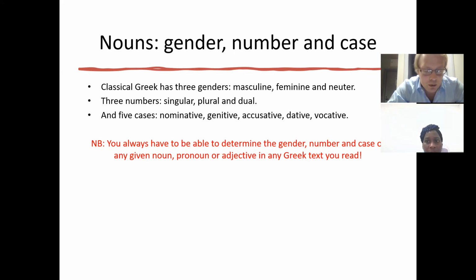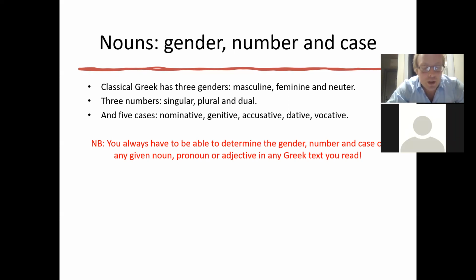For instance, nouns may be connected to adjectives as well as to definite articles, and all of these connected words then need to be of the same gender. Otherwise, the sentence will become very weird indeed. The best place to find out what gender a noun or adjective has is a dictionary.